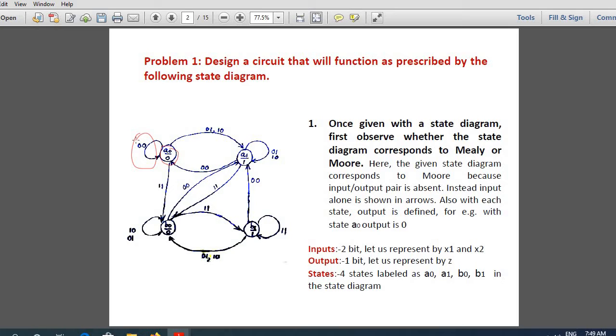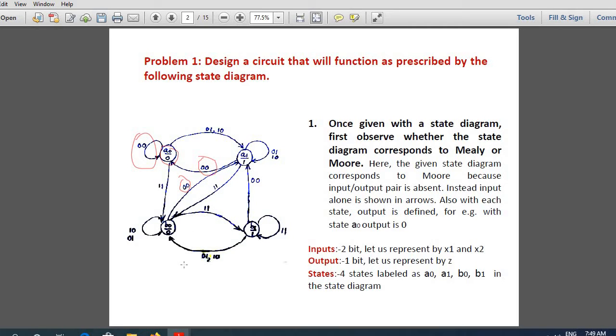So now what is the first step? We have identified that it is a Moore model. And what is the next step? You identify the number of bits required for inputs and outputs. So here you can see that input has 2 bits, and we call it x1 and x2, the x1 x2 pair.